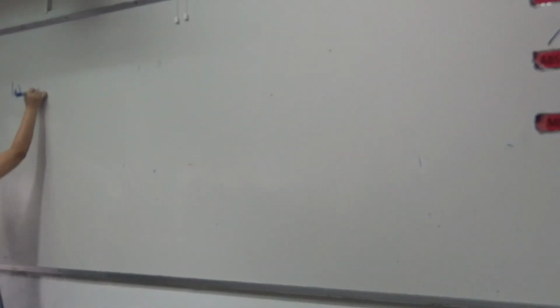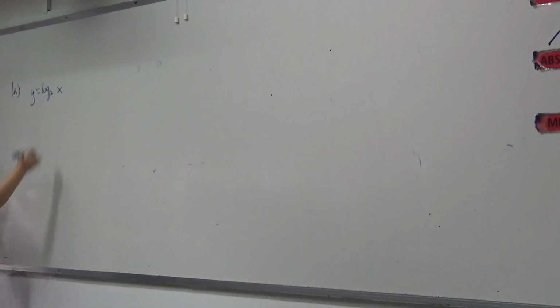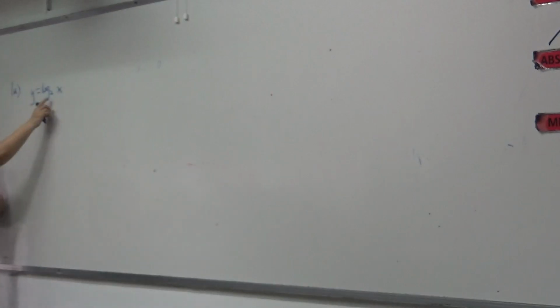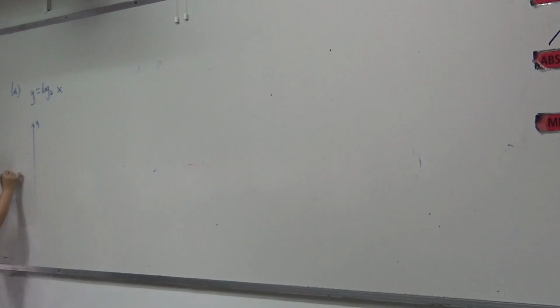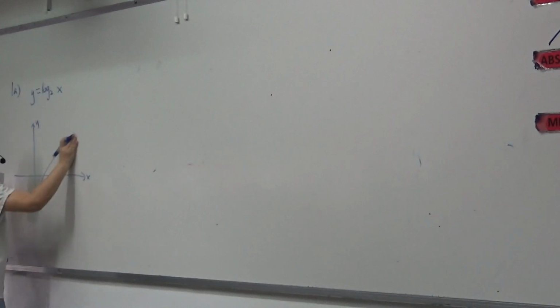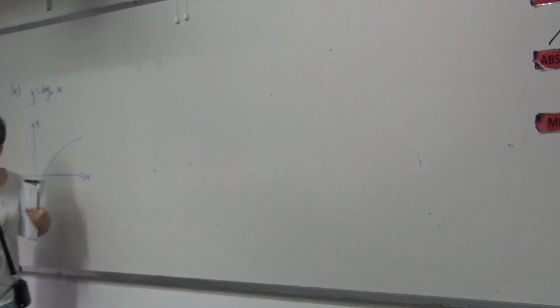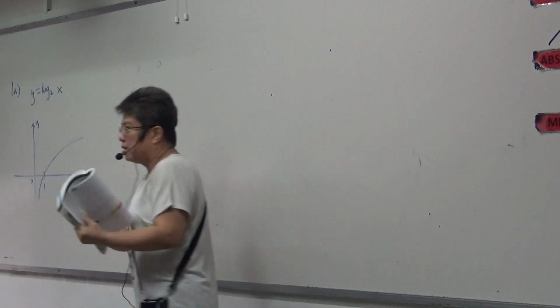One is y equals log 2x. Now I want you to look at the question. The base, is it more than 1? Yes. So it will go this way, right? It goes smoothly. And this one cuts and runs. Understand?